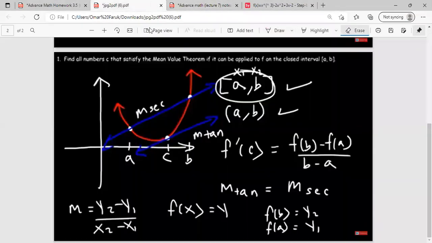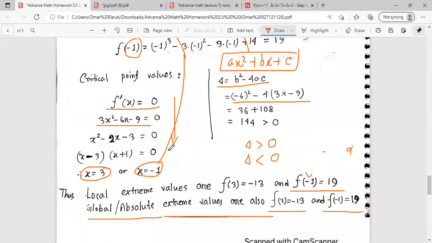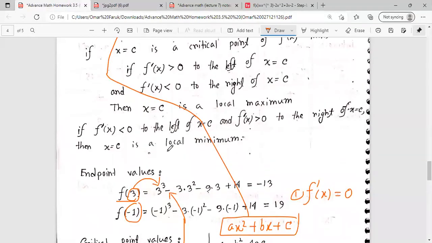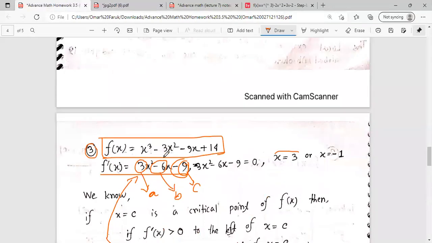But if you draw this graph, in our example, this was x cube minus 3x squared minus 9x plus 14.